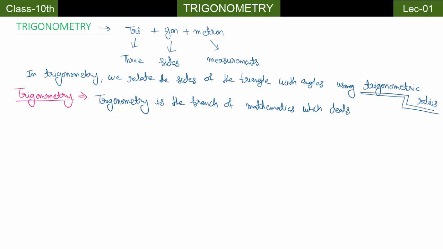Trigonometry is the branch of mathematics which deals with the relations of the sides and the angles of triangles. So in trigonometry we study the relation between the sides and the angles of a given triangle.